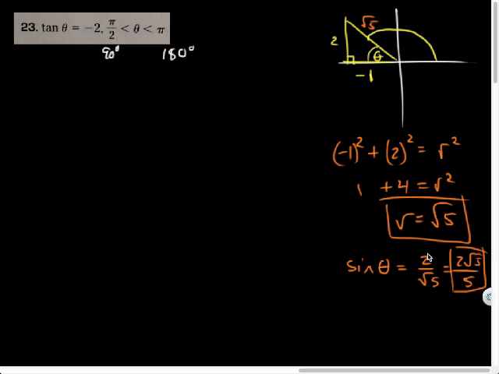Although we're probably going to want the second one because it's all nice and reduced. And cosine of theta is going to be what? Adjacent over hypotenuse. So that's negative 1 over the square root of 5, or negative rad 5 over 5. And that's the value of cosine.